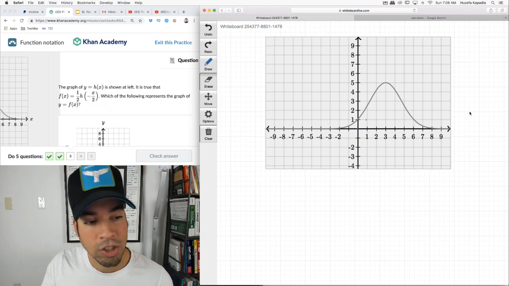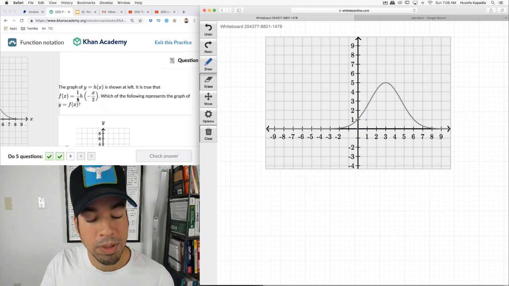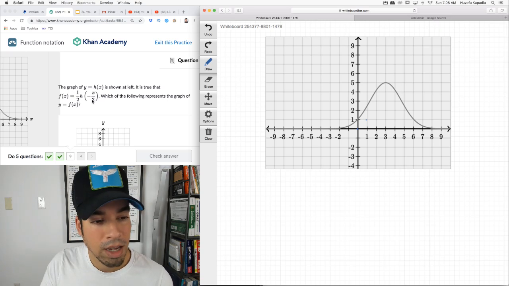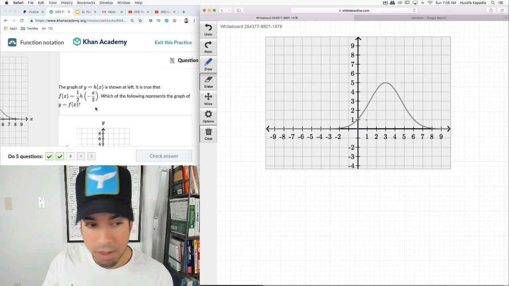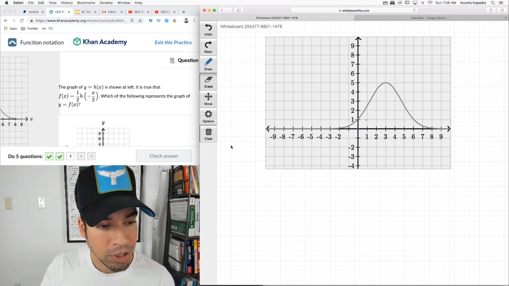So it'd be stretched out, sort of like this. It would be in terms of a vertical compression, but it's not. It's a half. So this one is going to be a vertical stretch. I think these two are kind of going opposite each other. I'm going to have to plot it out and make sure that makes sense.